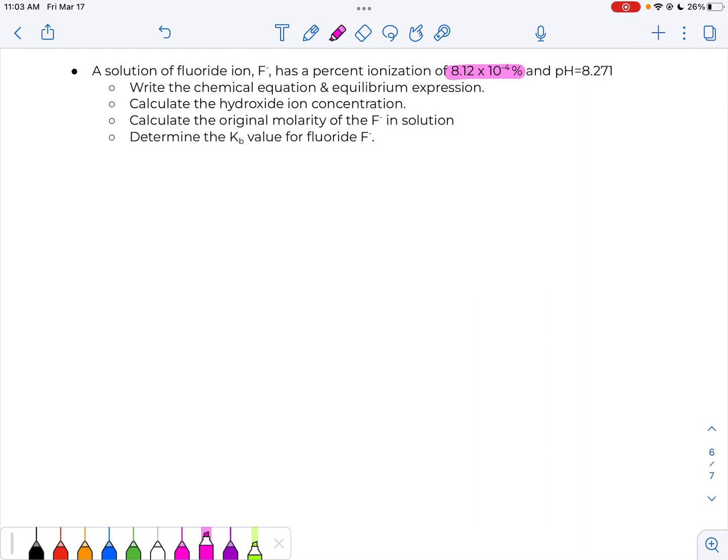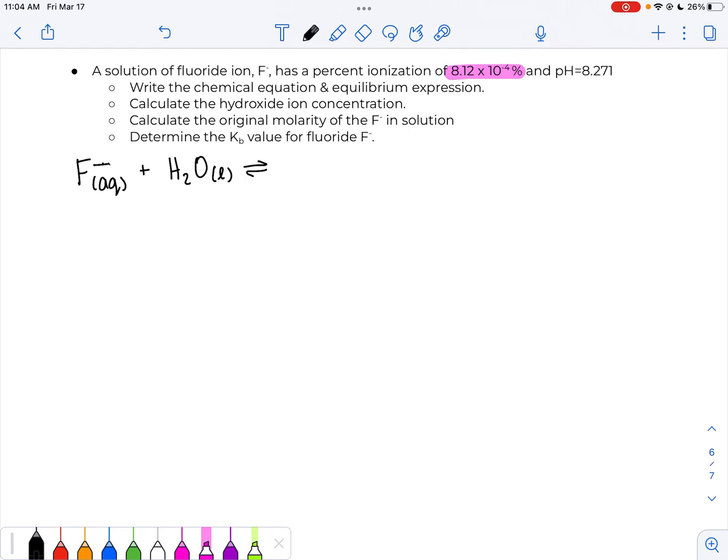All right. So I'm actually going to start out with just developing a RICE table because we know we're going to need it. We're going to write our chemical reaction equation first. We have a solution of fluoride ion, which means we've got F minus aqueous floating around in solution, so it must be in water. So we've got our fluoride in water.